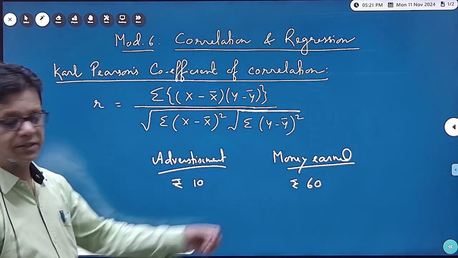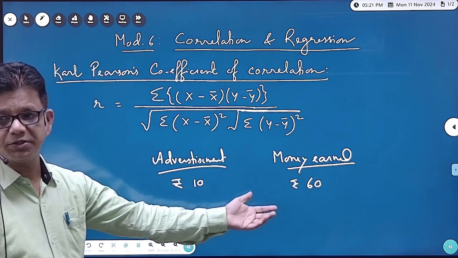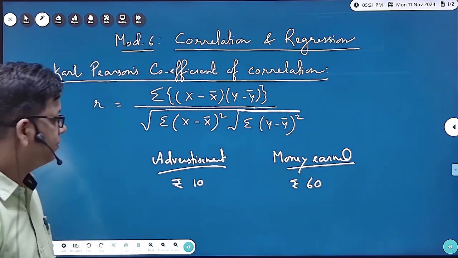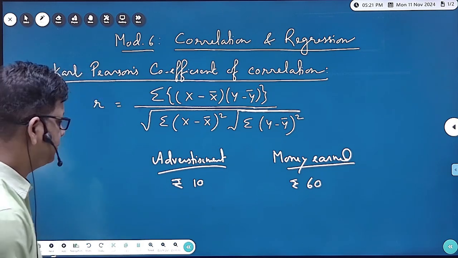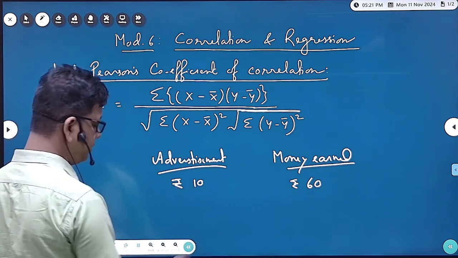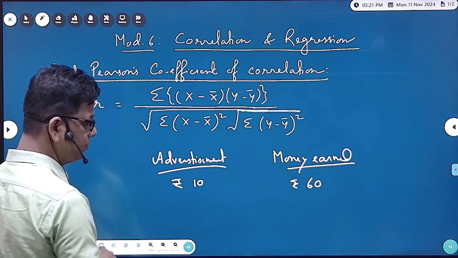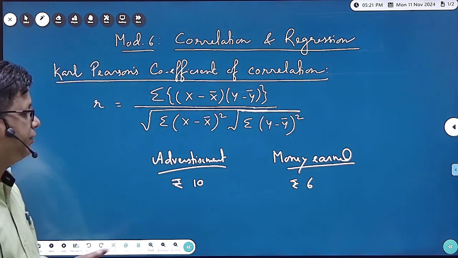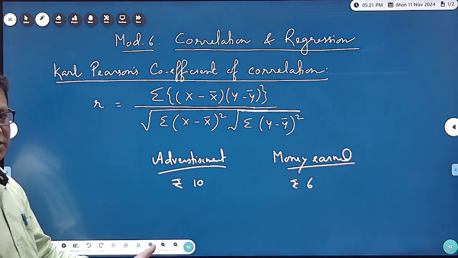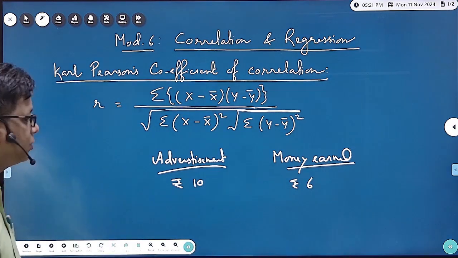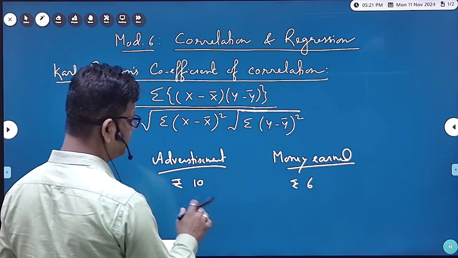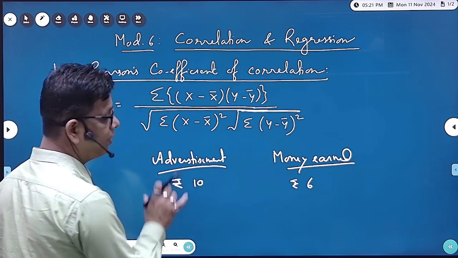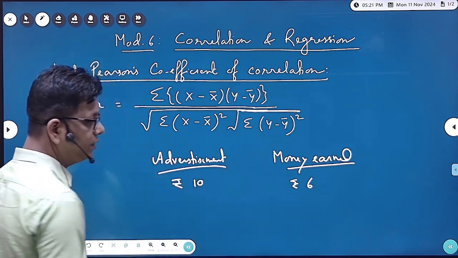In that case they are in an earning position. But suppose they hired that Bollywood celebrity and are earning only 6 crore. This is how we can find the relation between these two: money invested and money earned. After investing, how much money is earned?